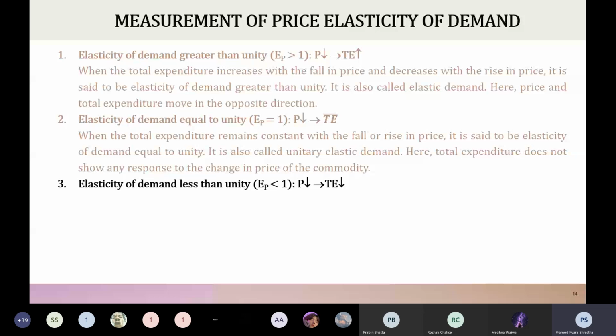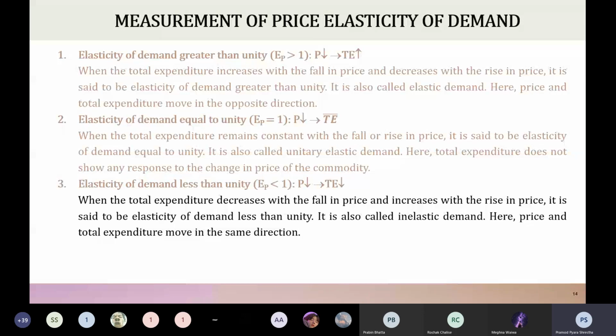So we can write this as: when total expenditure decreases with the fall in price and increases with the rise in price, it is said to be elasticity of demand less than unity, also called inelastic demand. The value of the coefficient of elasticity is less than 1, so it is called inelastic demand.